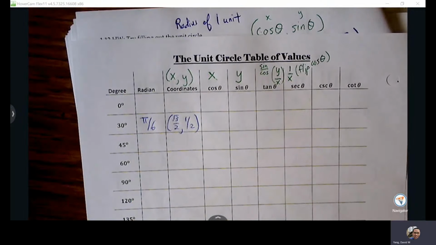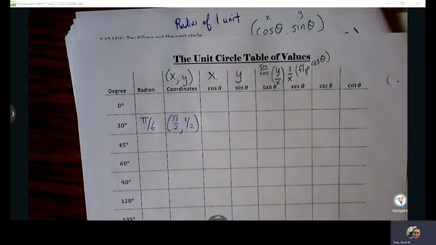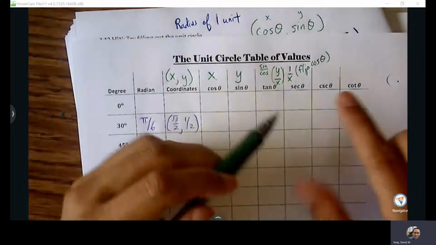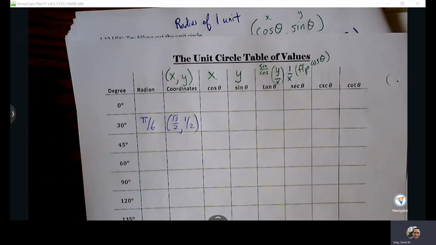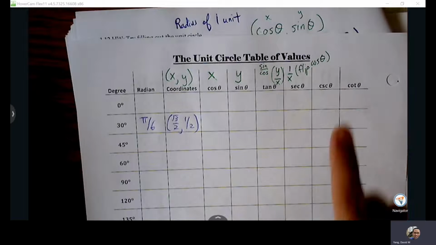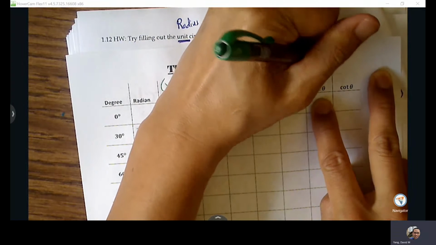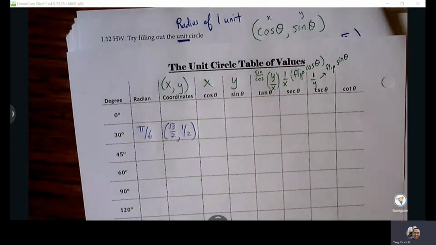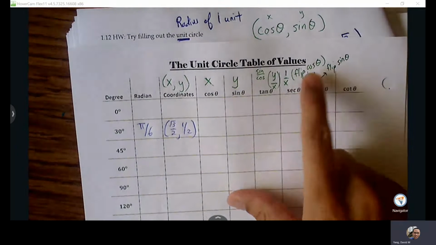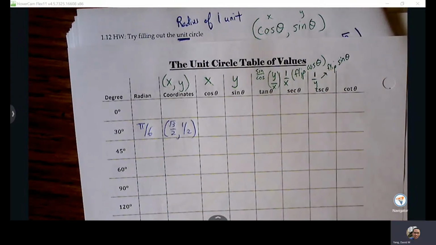Sometimes if you think 1 over x, maybe it's complicated because of complex fractions, but if you just want to think of it as, okay, I'm just going to take my cosine fraction and just change the numerator and denominator order. Cosecant is 1 over y, or you can think of it as flipping the sine fractional value. So basically, find the sine value and then flip it. If I want to find secant, I find the cosine value and then I flip it.